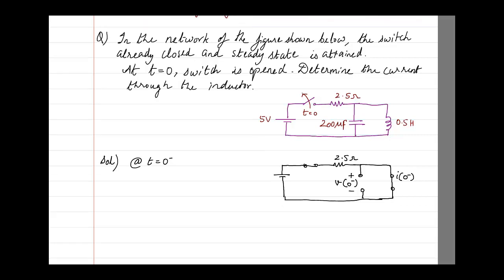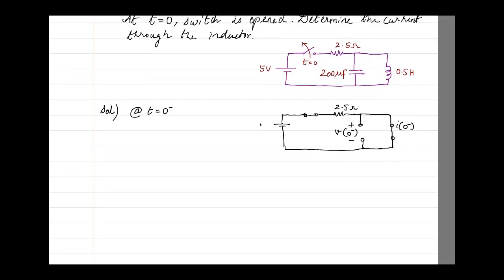Now from this circuit, one thing is very clear. Since this path is short, there is no resistance, there is no impedance there, the voltage across this will come out to be 0. Why? Because the voltage across a short circuit path is 0. So one thing I can clearly write from this figure is that V of 0 minus is going to be 0.